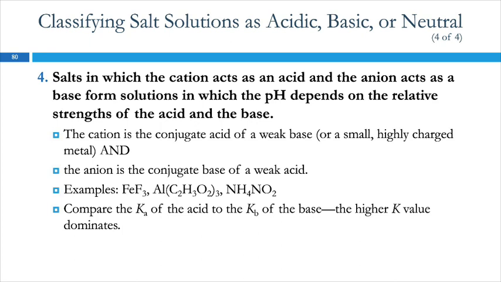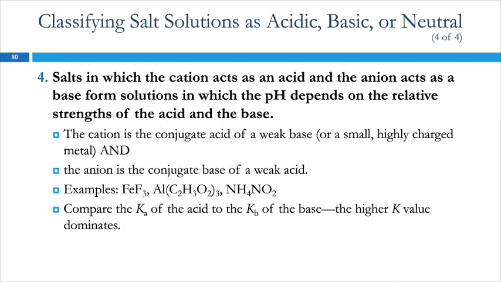And then we've got the fun one, where the cation does act as an acid and the anion does act as a base. Here, the solution pH will depend on the relative strengths. We compare the Ka of the acid to the Kb of the base, and the higher K value dominates. So these are examples.